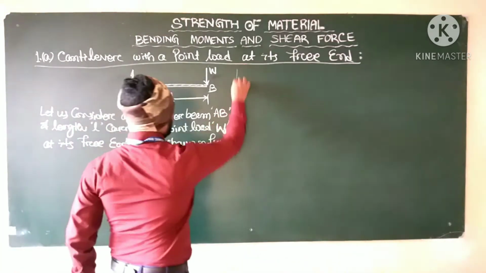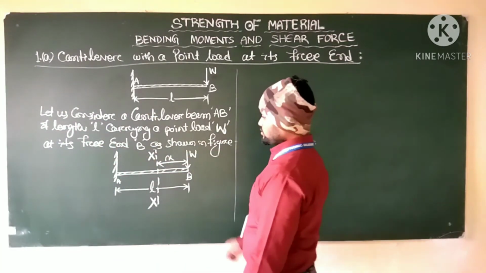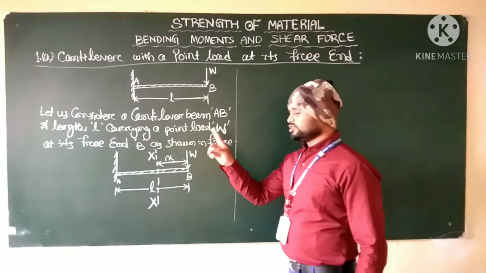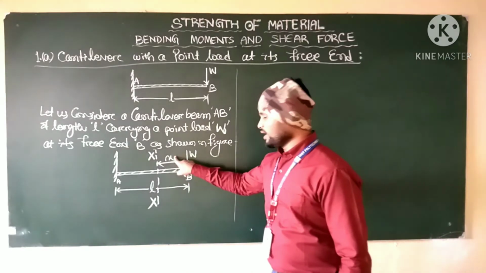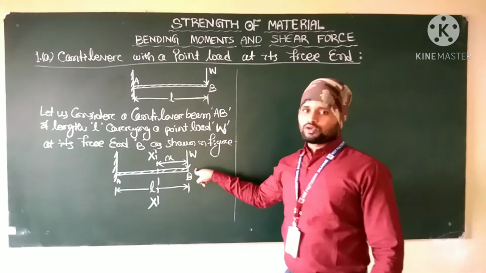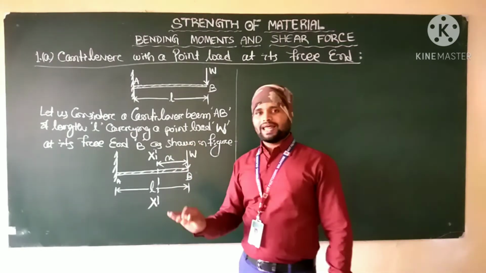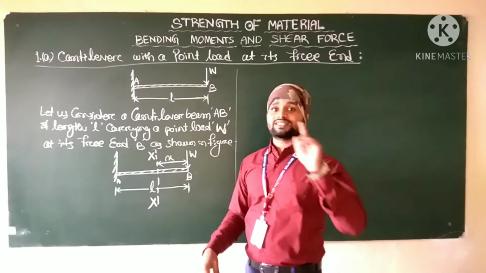So what do we calculate? We know that the shear force at the section XX at a distance small x from the free end B is equal to the total unbalanced vertical force. Previously we have studied what is shear force.